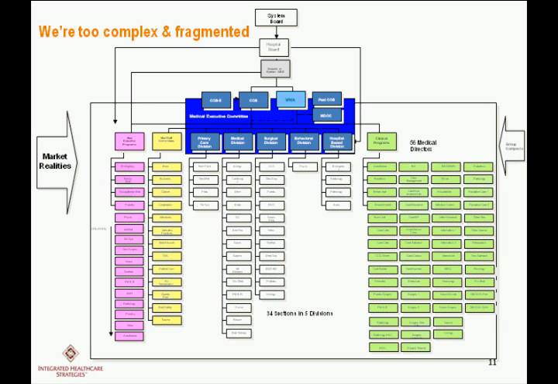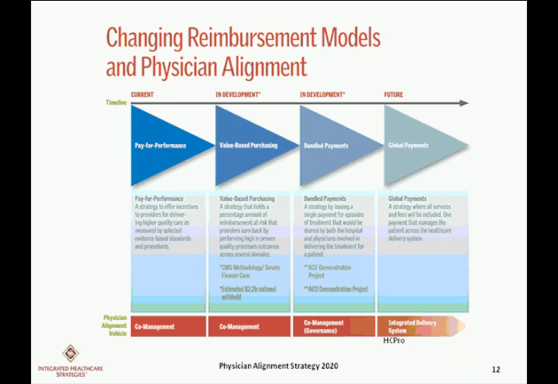The last couple of slides that we will look at reinforce the need for this physician alignment strategy, and again, we emphasize we hope you'll use these slides for your own internal workshops. On slide 12, the bottom of this slide indicates the alignment vehicles that you can consider, and many of you have been putting in place these precise structures for alignment strategies over the last 2 to 3 years.